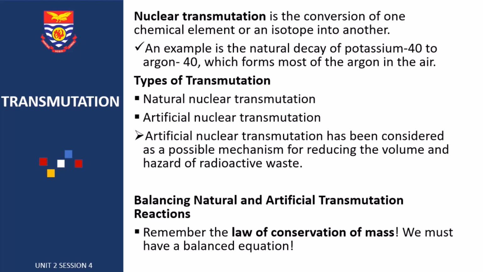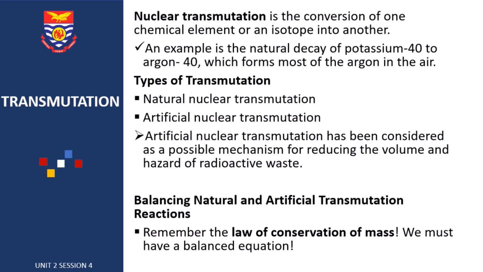Artificial nuclear transmutation has been considered as a possible mechanism for reducing the volume of hazardous radioactive waste. So when particles are used to bombard this radioactive waste, it can probably convert it to another form which is more stable and safe.